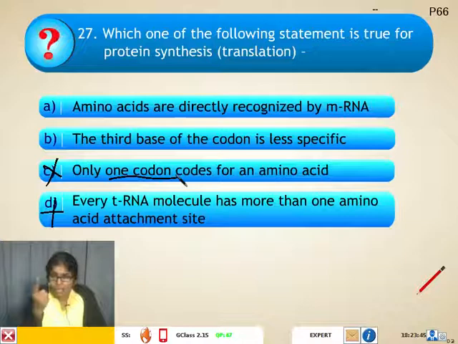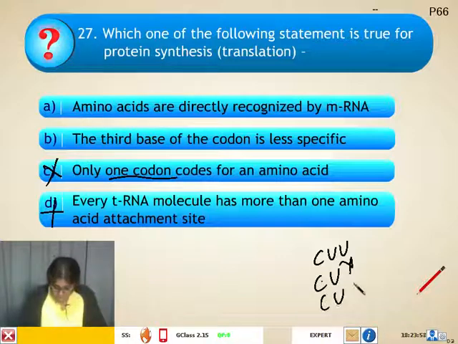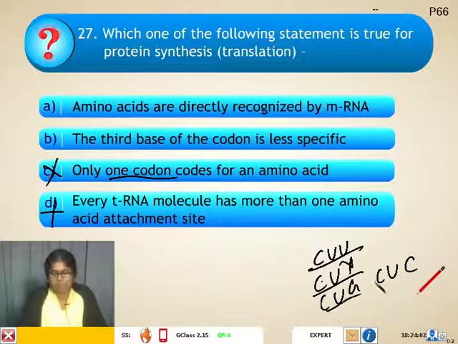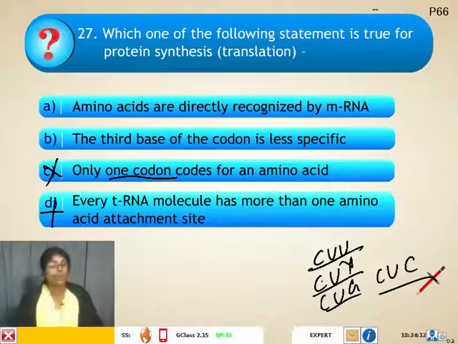In the last class, I mentioned one. It was an example for leucine. So for example, CUU, then CUA, CUG, and CUC. So all these codons code for one amino acid, that is leucine. So again, this option is wrong. So there is more than one codon which can code for an amino acid.